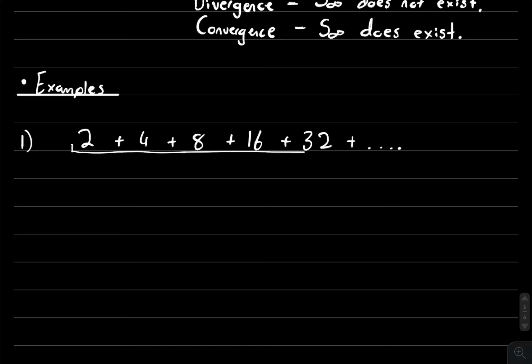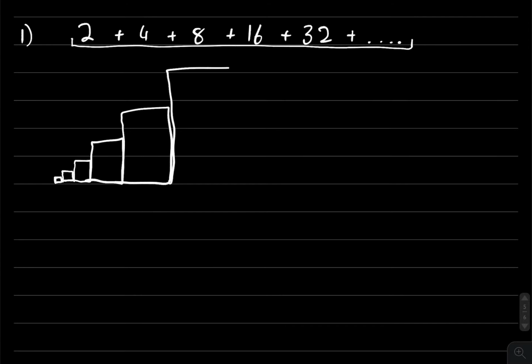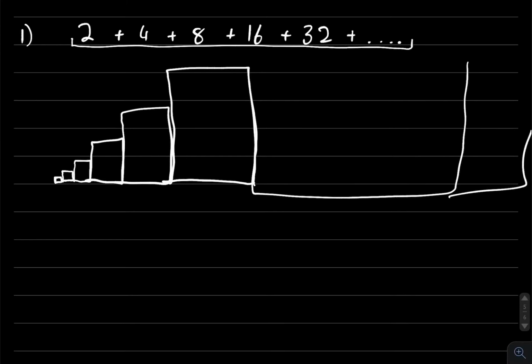What is this series approaching as n gets bigger and bigger, as we get more and more terms? Let's say that our first term, 2, is this tiny block here. If you add it to the 4, which is an even bigger block, then add the 8, the 16, the 32, the 64, and so on, you get bigger and bigger blocks adding up.